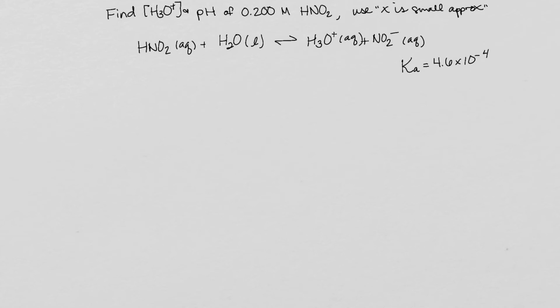So we'll start off by constructing our ICE table. We'll have our nitrous acid, our hydronium ion, and our nitrite anion. And then we'll have our initial, change, and equilibrium. We know that our initial value for nitrous acid is 0.2, and approximate hydronium is about 0, and the nitrite is actually 0.